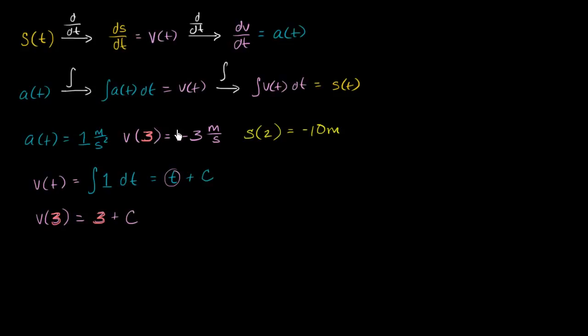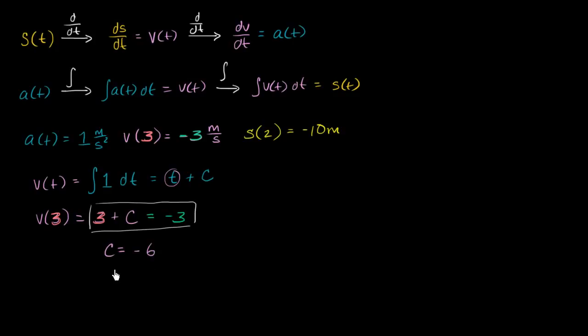And they tell us that that's equal to negative 3. So what's c going to be? If you subtract 3 from both sides, you get c is equal to negative 6.